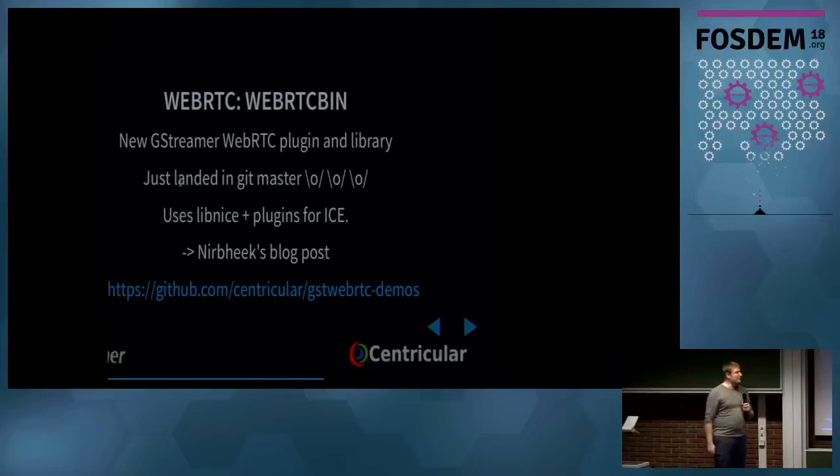It just landed. It uses libnice for ICE stuff to get through firewalls and NAT, etc. And if you're interested in that, Nebik has just written a blog post about it. And we also have a demo repository, which might be a little bit rotten, but it should work.